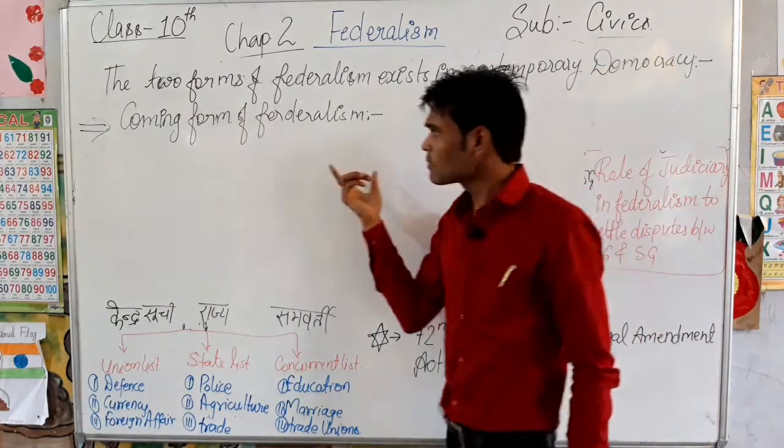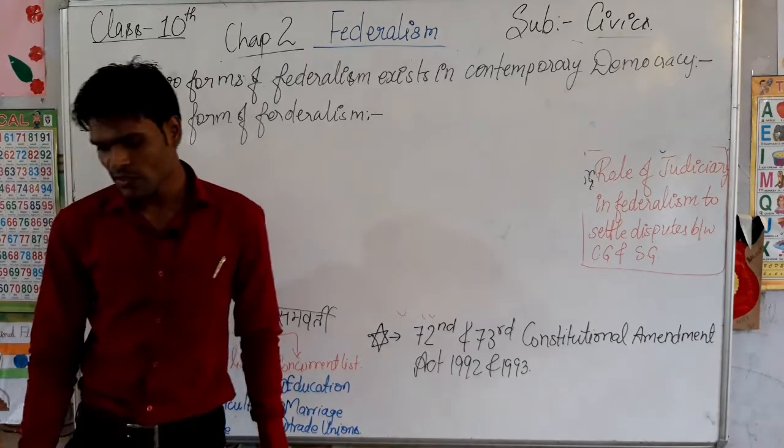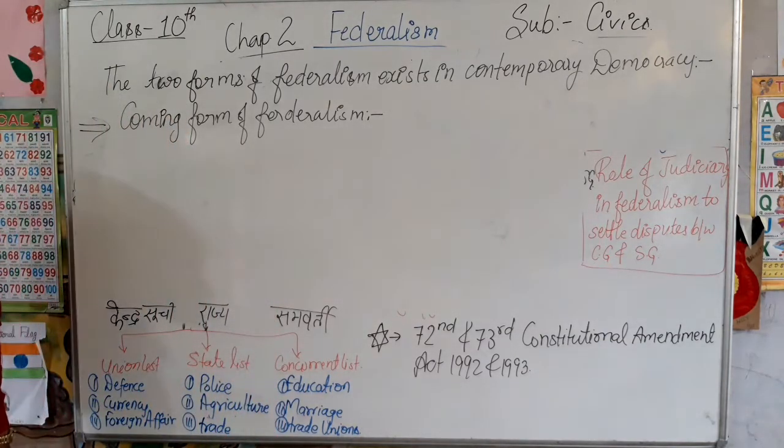Okay, what is the sense of the coming together form of federalism? In it, the small units come together to form a big unit in order to maintain their international safeguard.